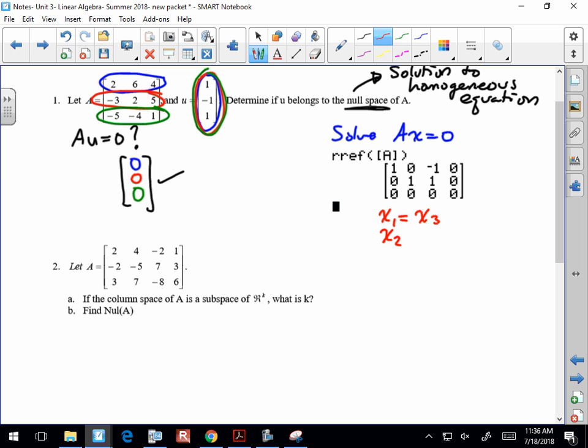X2 equals negative X3, where X3 equals X3. So I can let X1, X2, X3 be equal to X3 multiplied by 1, negative 1, 1.